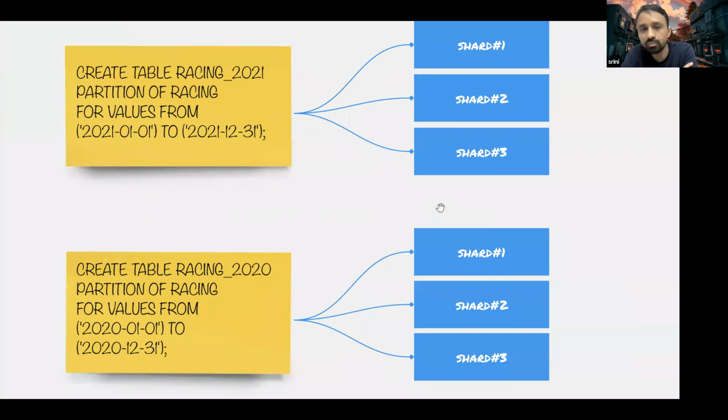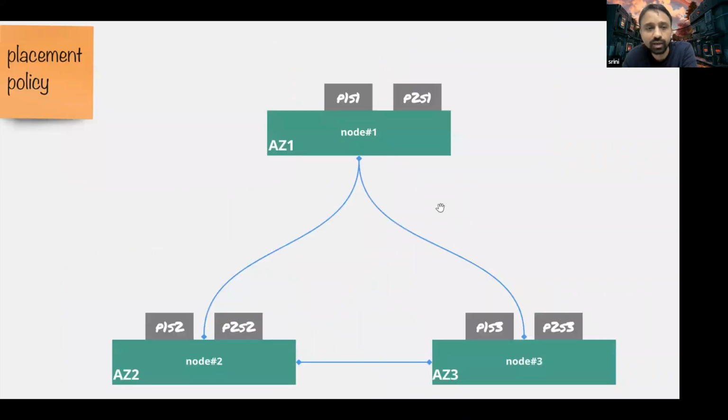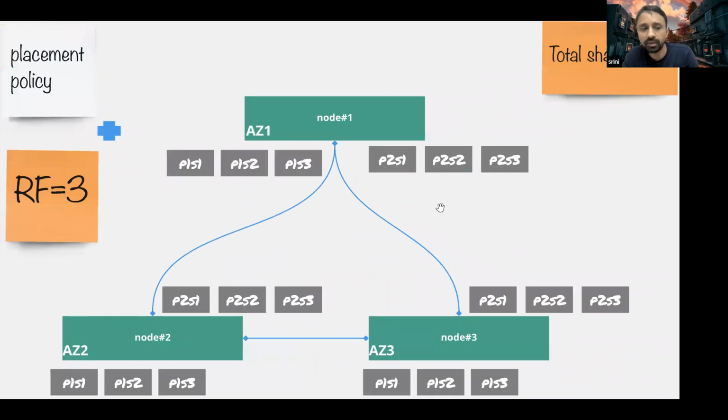And if you apply the same 1:3 split, then racing_2021 is going to split into 3 shards, and same is the case for racing_2020, right? And then if I apply the placement policy, it says that it needs to be distributed across all nodes in the cluster. When I bring in that replication factor of 3, then we have now 2 tables, and each table has got 3 shards. So that means all these shards are going to get distributed.